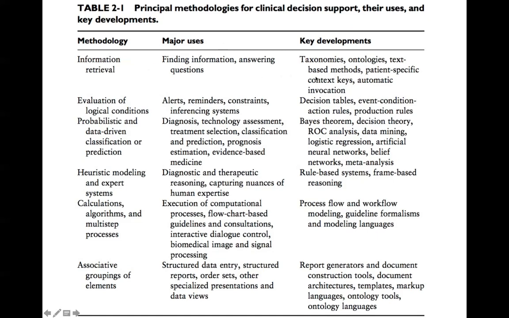So that is a very classic information retrieval issue. There is also supporting technology like taxonomy, ontologies, text-based methods, and patient-specific context-aware autonomous invocation. In the future, in each institute, we will give you more examples.